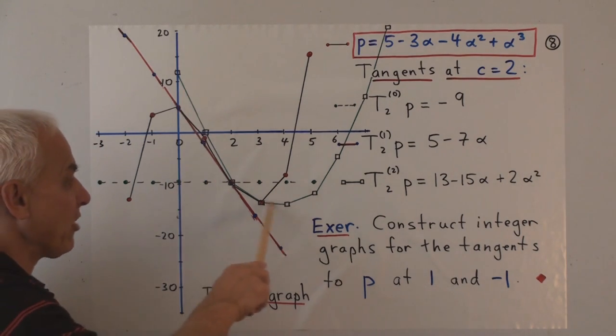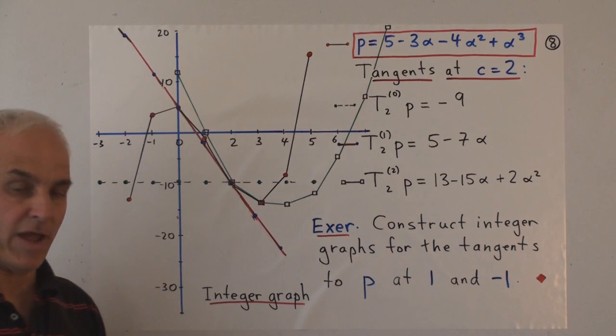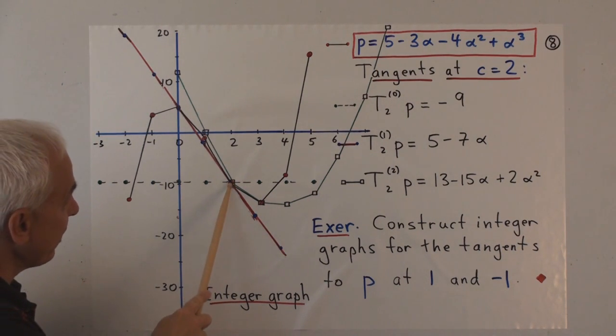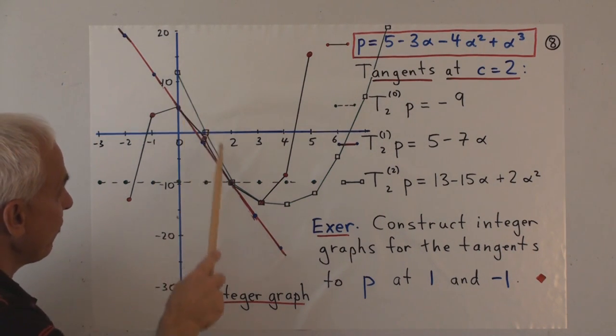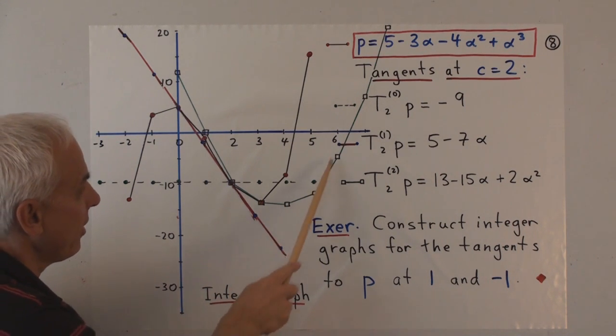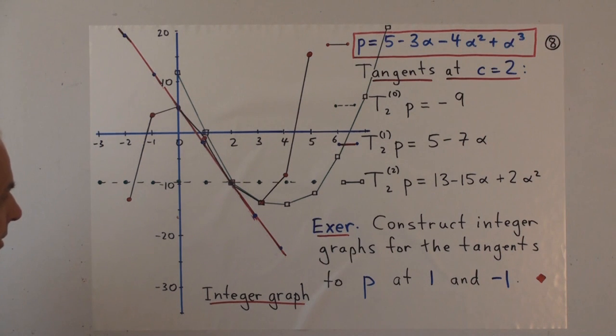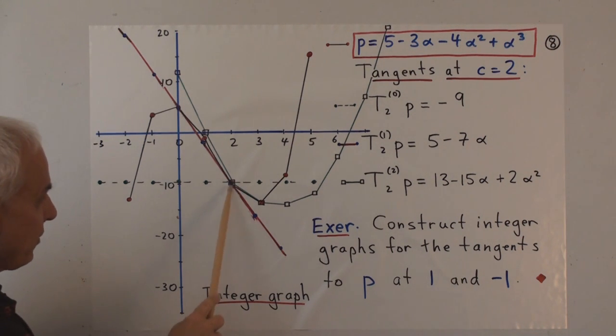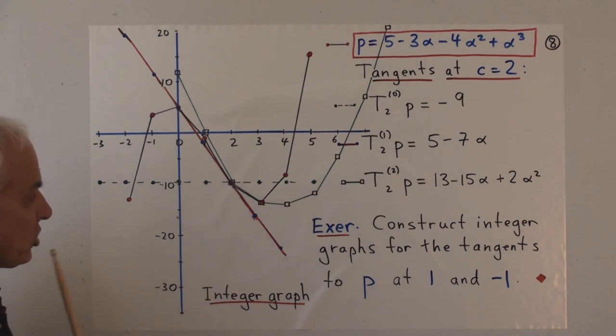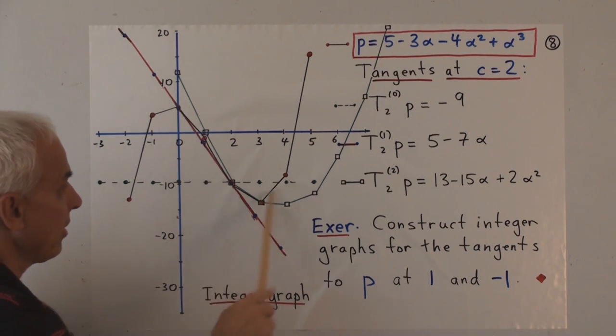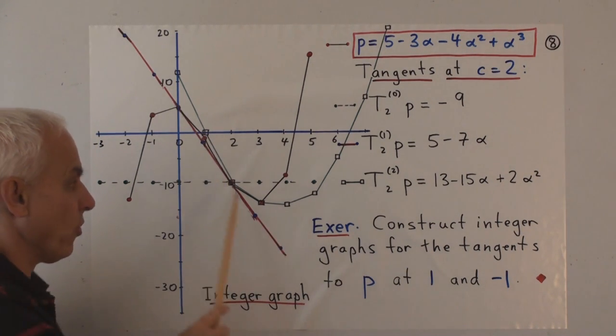It's kind of a parabolic thing opening upwards now. It's still touching there. It also goes through these points. So those are the 0th, 1st, and 2nd tangent to the cubic at the point 2.